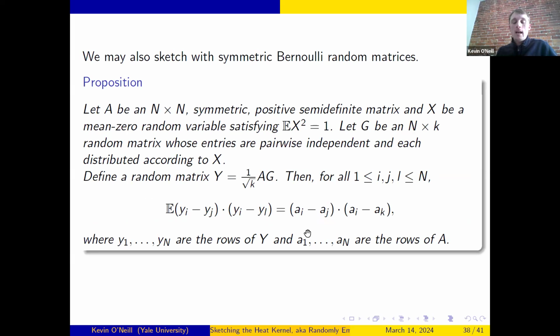What this proposition says is that for the distances or the angles that you have with this embedding, the expectation is still exactly what you would hope for in the prior case. We really didn't use any special properties of Gaussians in proving this result before. They also just have to be pairwise independent. You don't even need full independence here, which is nice. We did some experiments, and we get very similar things.